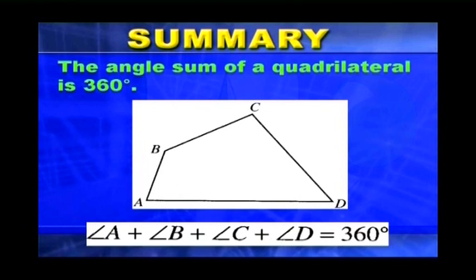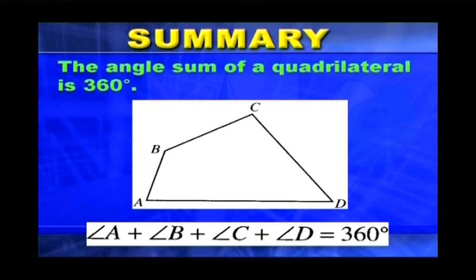Please, that is a very important point that you must remember. When you are finding the angle sum of a quadrilateral, the angle sum of a quadrilateral adds up to 360 degrees.